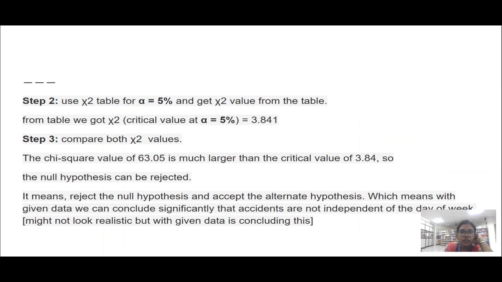Comparing the calculated value and the critical value, the chi-square value of 60.05 is much larger than the critical value. So here the null hypothesis is rejected. It means we reject the null hypothesis H0 and accept the alternate hypothesis, which means with the given data, we can conclude significantly that accidents are not independent of the day of the week. It might not look realistic, but with the given data, it is concluding like that.